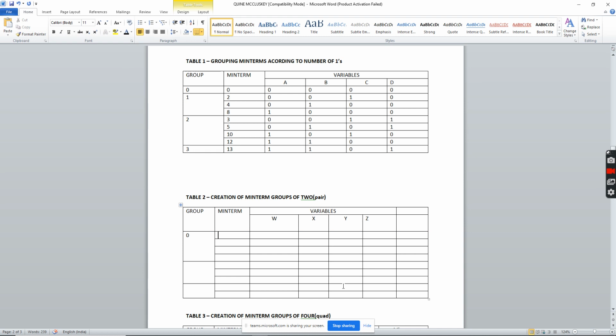So now the first group will be 0 with 2, 0 comma 2, which is 0 0 bar 0.